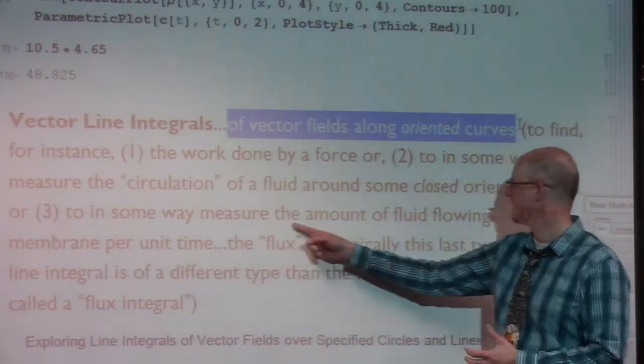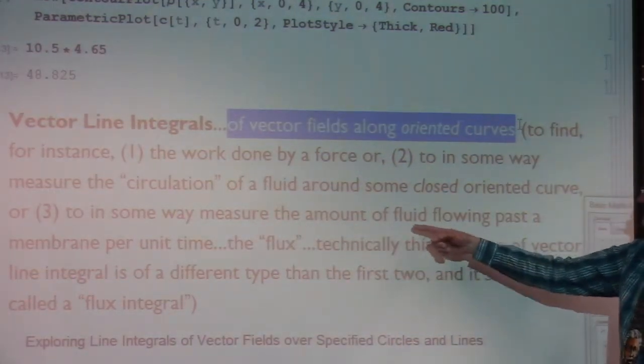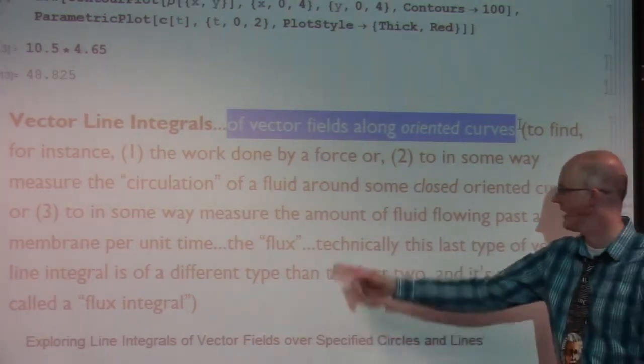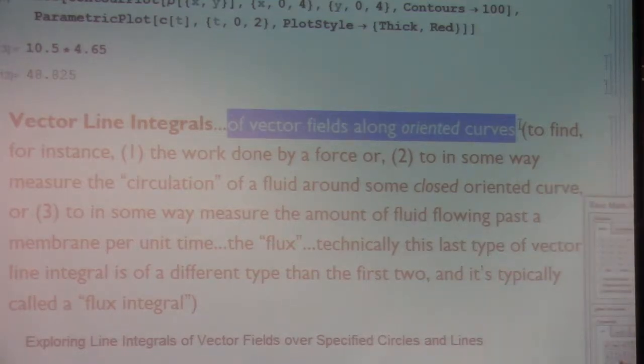You can measure something called the flux, the amount of fluid flowing past some permeable membrane per unit of time. It's called the flux. For a two-dimensional example, it would be a two-dimensional fluid flow. It would be like cubic centimeters per second, or excuse me, square centimeters per second.